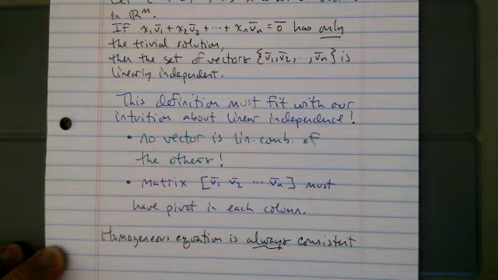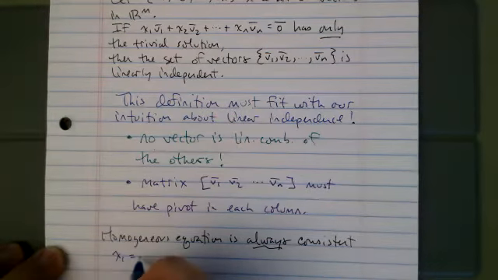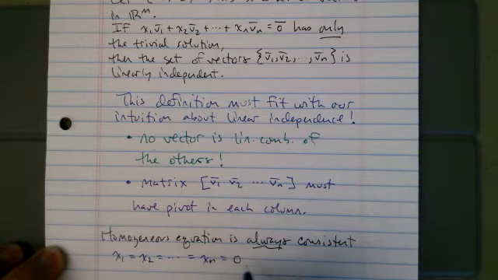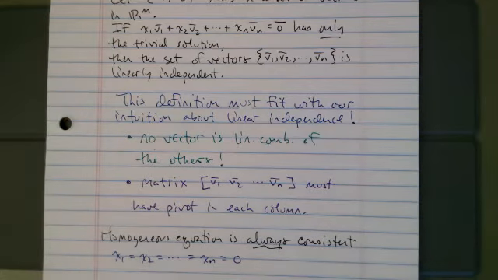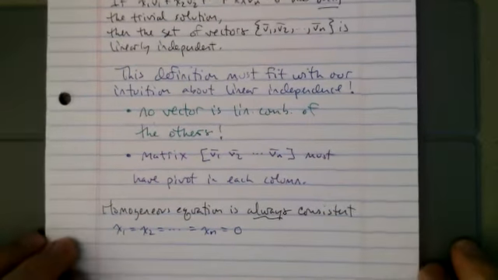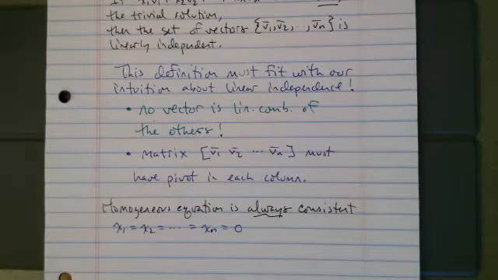I can always use the solution x1, x2, up to xn equals 0. The vectors are linearly independent if this is the only solution.